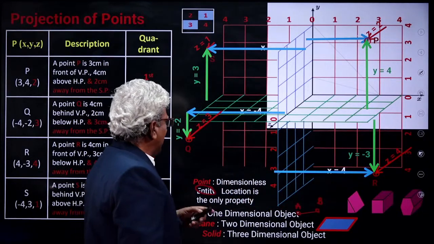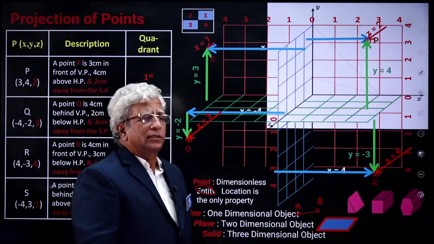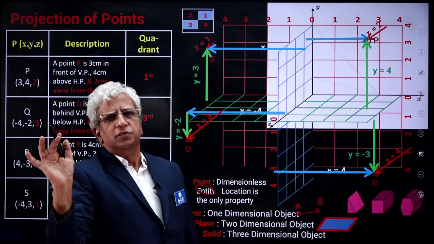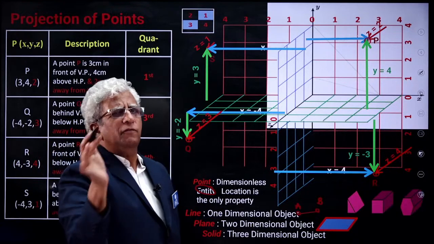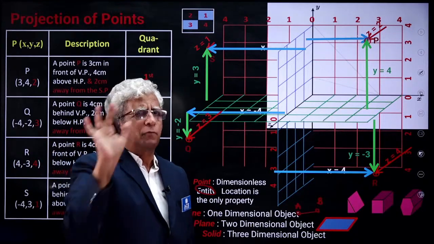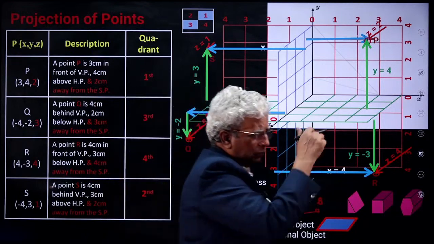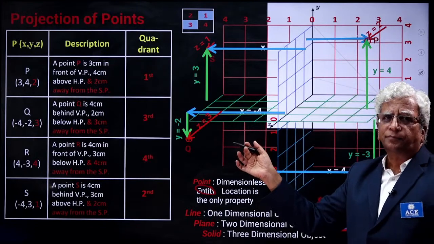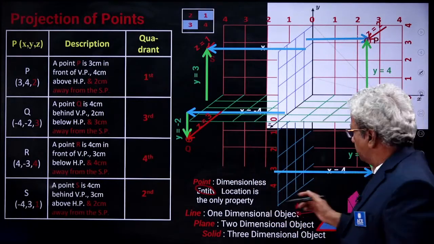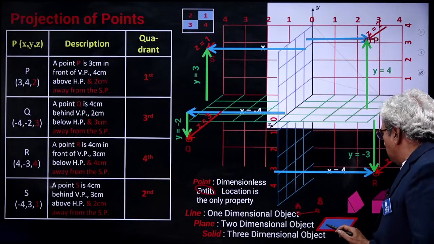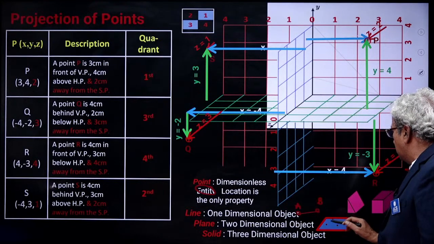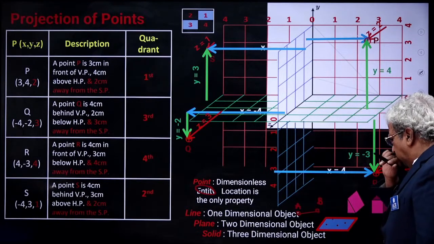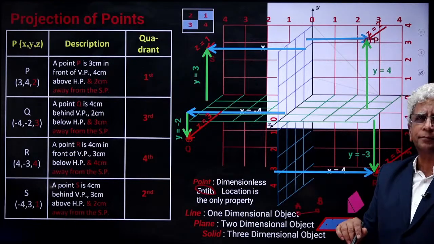And then a plane. Plane is a two-dimensional object. It will have some length, it will have some height. Only 2 dimensions. Any number of points you take on the plane, you can draw lines through those points. For at least 2 points, if you want to draw a line, those 2 points should be on the plane.